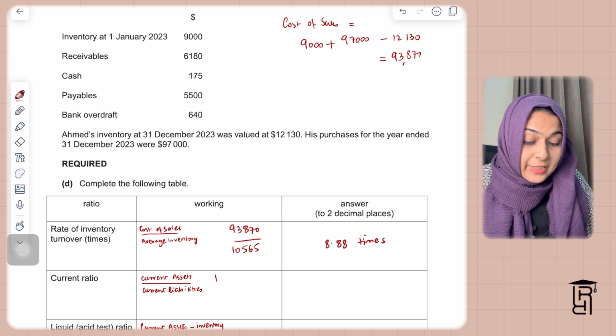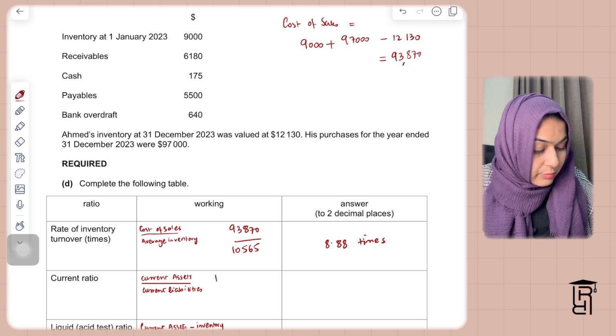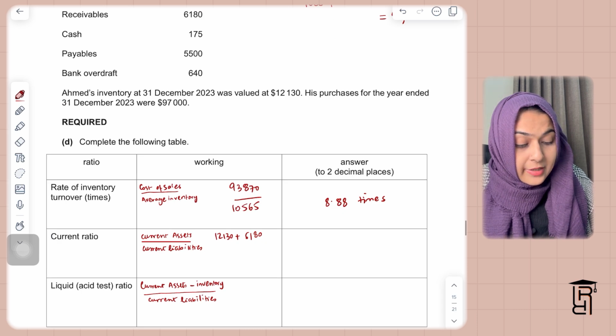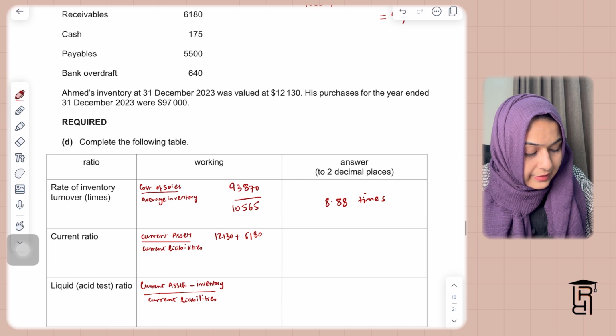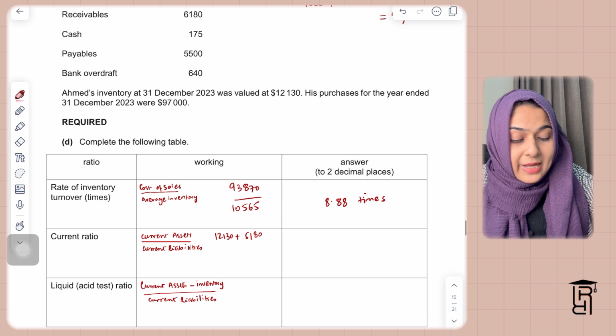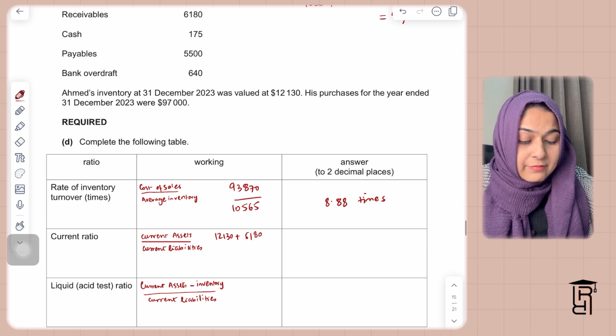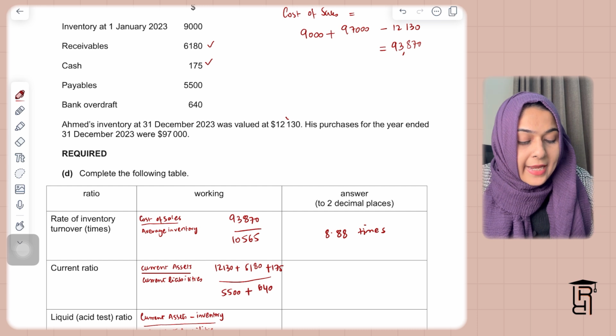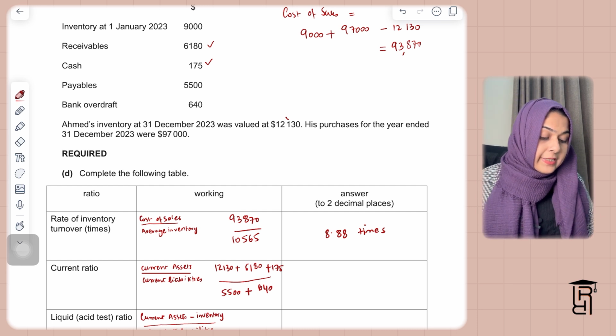So current assets will be inventory plus receivables, that is 6180, plus we have cash, that is 175 in the numerator, and in the denominator we have payables, that is 5500, and a bank overdraft which is 640, which is going to be my current liabilities in this case. So I have taken receivables, cash and closing inventory for the numerator, and payables and bank overdraft for my denominator.